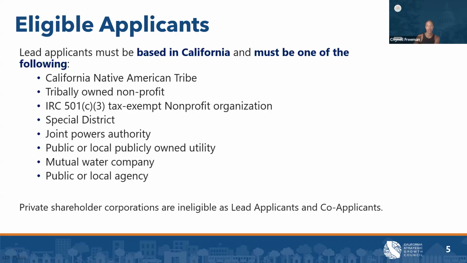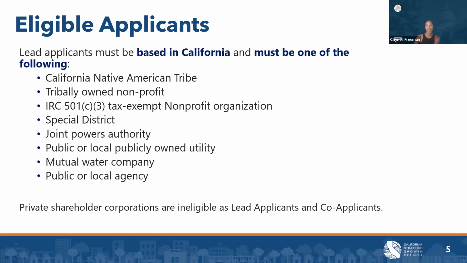Specific definitions of these organizations can be found in our guidelines. Private shareholder corporations are not eligible as lead applicants or co-applicants. Eligible co-applicants who will be project leads can be found in Appendix B for each strategy. The program's different grant types have different minimum co-applicant requirements.